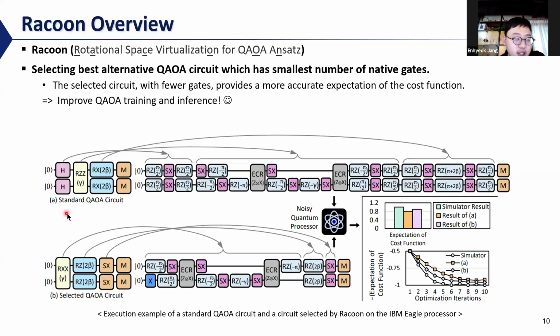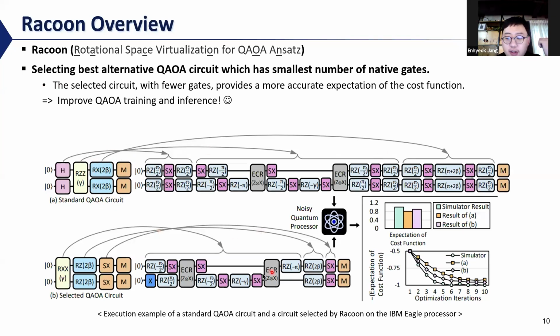Here we can see that figure A shows the standard QAOA circuits. QAOA circuits typically choose the RZZ gate as the entangling gate for Hamiltonian simulation, and the RX gate is chosen for the mixer gate.